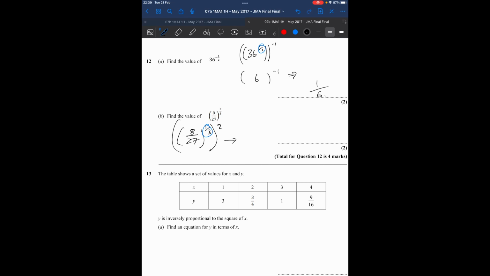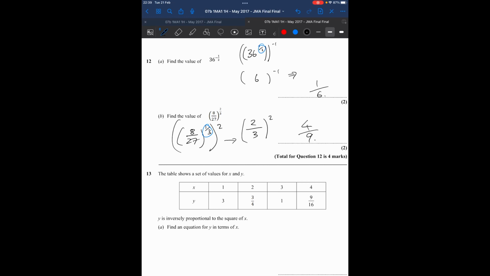Well, it's going to be a 2. And for 27, the number we're looking for is a 3. 3 times 3 times 3 is 27. That's just the inside bit done. I still need to square it. So squaring means 2 times 2 and then 3 times 3. So my final answer is 4 over 9.